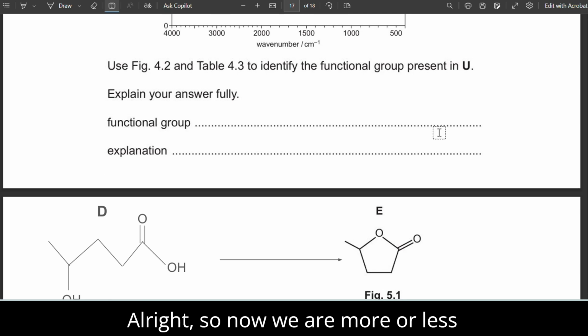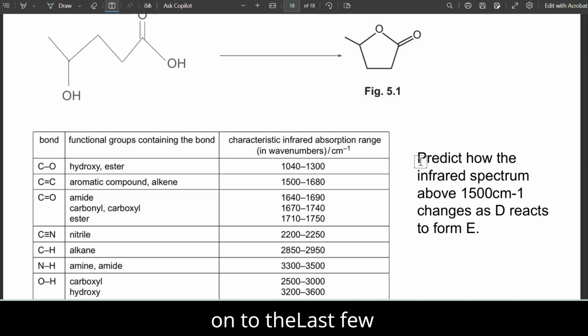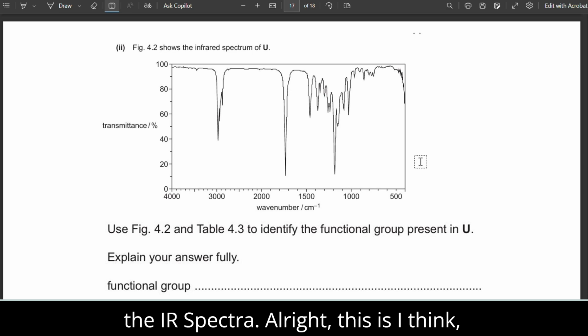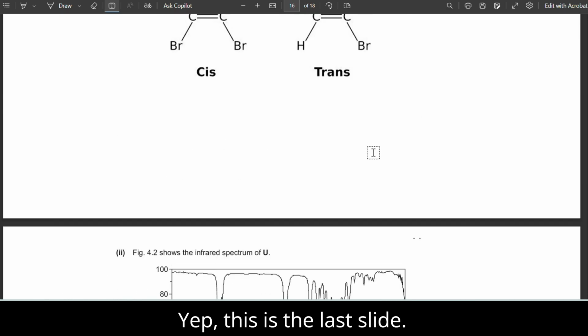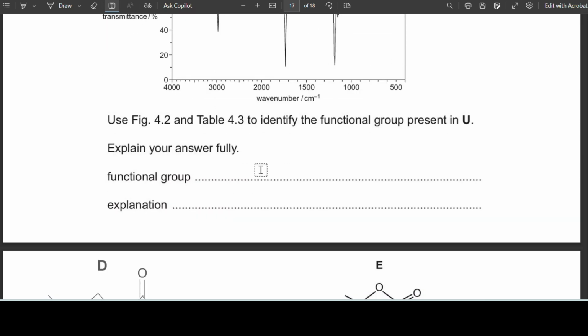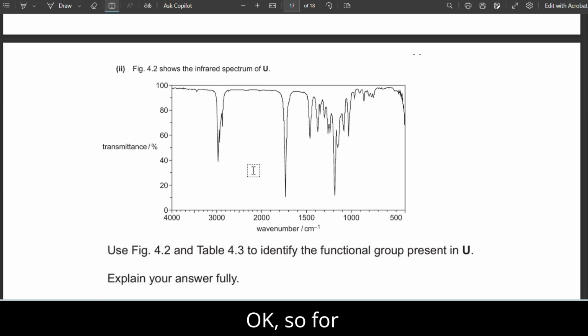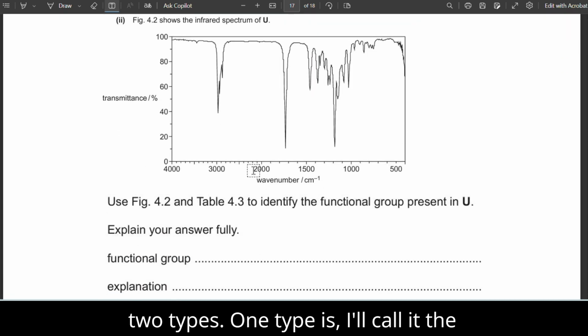Alright, so now we are more or less on to the last few parts, which is about the IR spectra. This is, I think, the last slide. Okay, so for questions regarding IR spectra, there are two types. One type I will call the easy type.